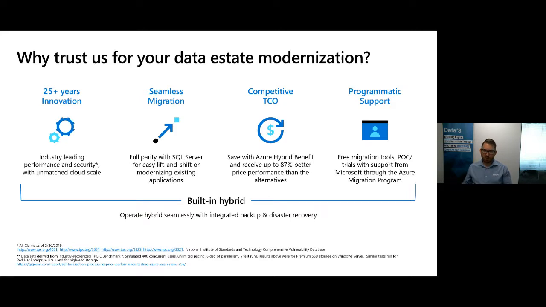And so all that innovation goes into all the Azure SQL products that you can leverage and perform as part of your modernisation, that seamless migration experience as well. And as part of the lab, we'll see how we do an online migration to minimise any downtime for cutover as well. I've talked about some of those cost savings.